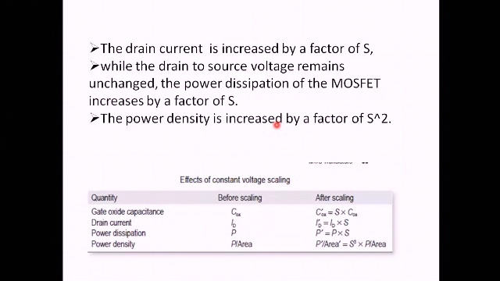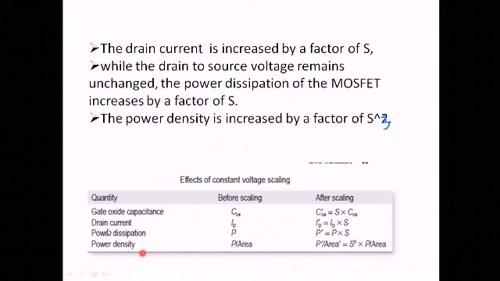So this power density is increased by a factor of S cube.